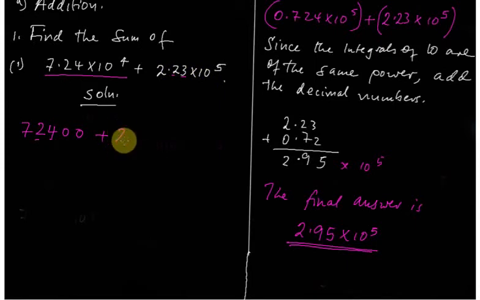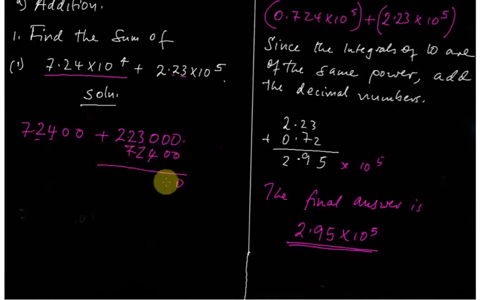So it is 223,000. If you write in standard form, we move from here 1, 2, 3, 4, 5 places to this point, so you have 10 to the 5. And 1, 2, 3, 4 gives you 10 to the 4. So add these two numbers. It's the same as adding it here. This is 72,400.